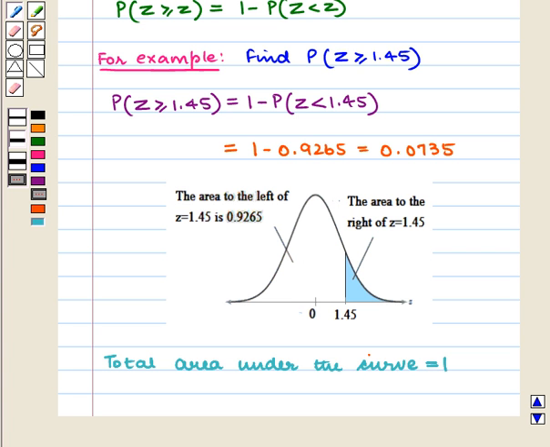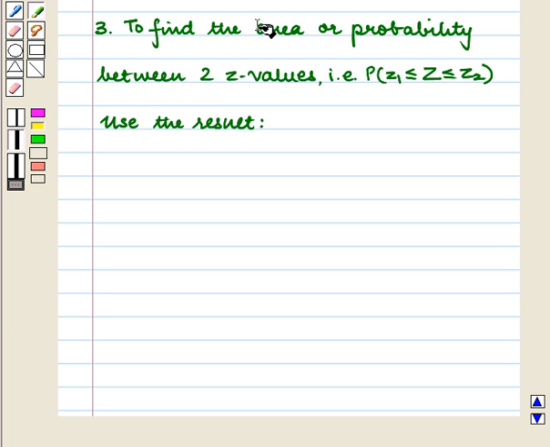So, the area to the right of z equal to 1.45, that is, the probability of z greater than equal to 1.45 is equal to the whole area minus the area to the left of z equal to 1.45, which is equal to 1 minus 0.9265.